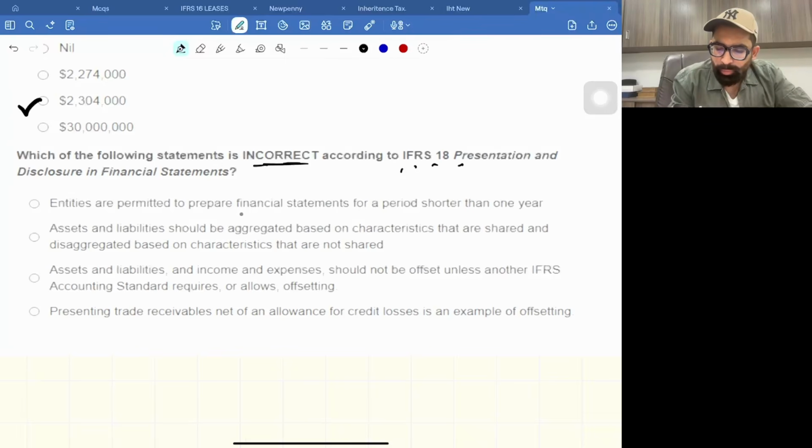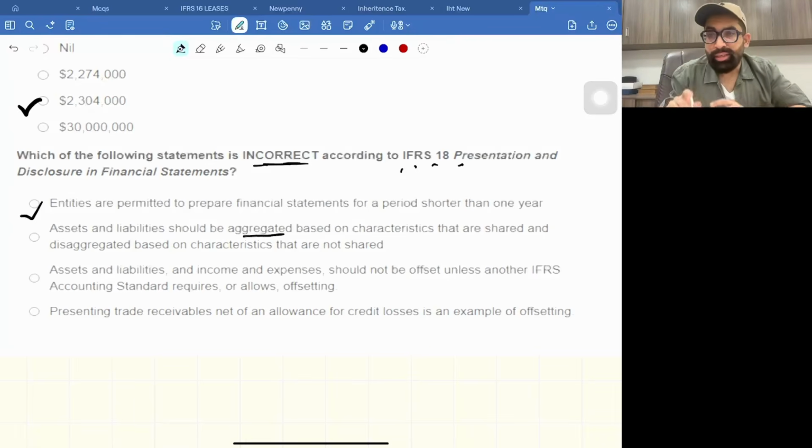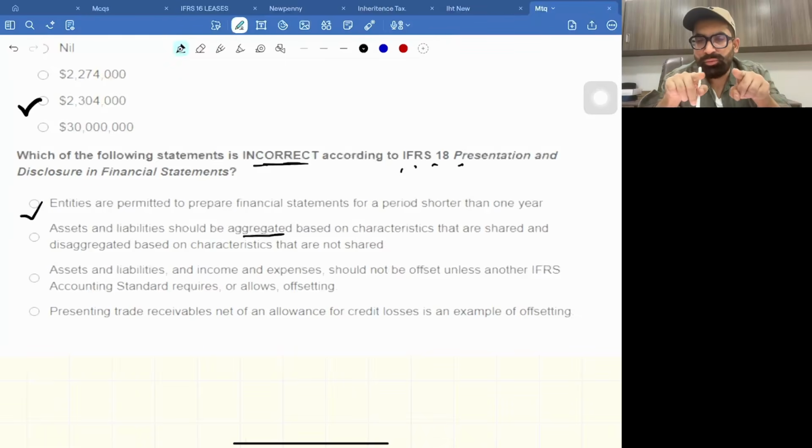Entities are permitted to prepare financial statements for a period short. Yes, it is allowed. It's your wish. You can. Assets and liabilities should be aggregated. Yes, there is a very famous issue of this, aggregation and disaggregation. If the characteristics are the same, you can aggregate. If the characteristics are not the same, you should disaggregate.